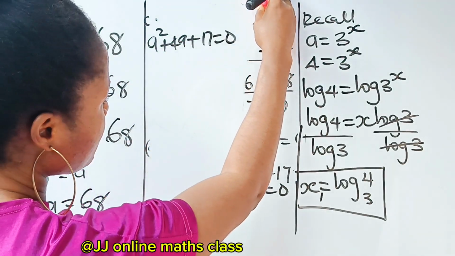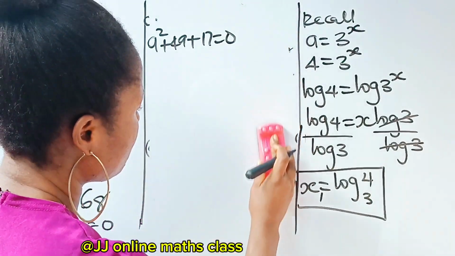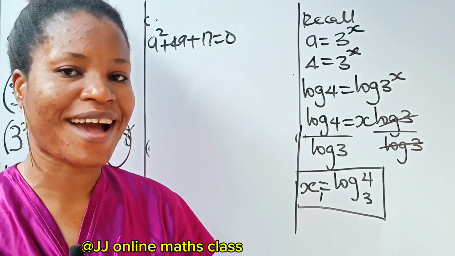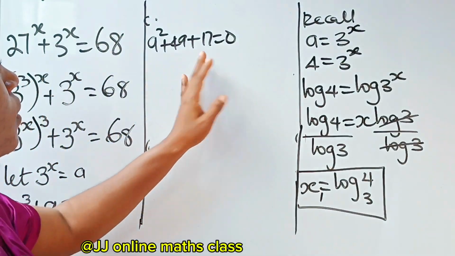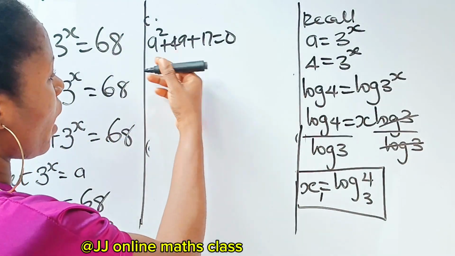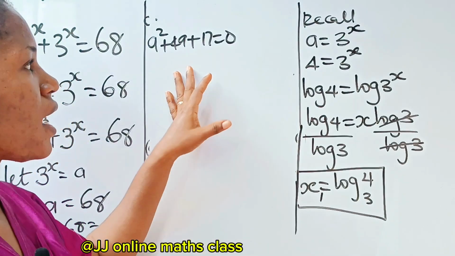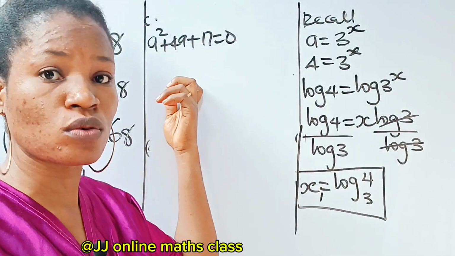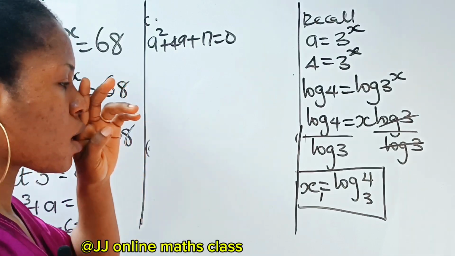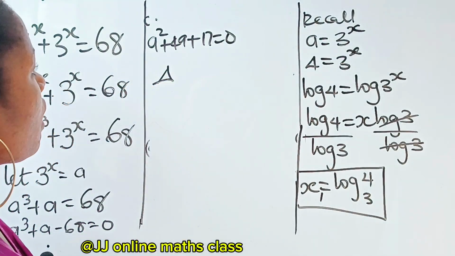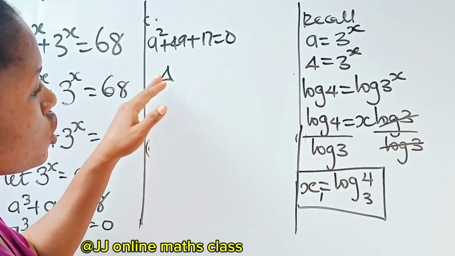I just hope I've not made any mistake. Okay, so I believe this is what we have there. Now when you look at this, we are going to solve this using the quadratic equation formula. But before that, let's check if we can get real roots from here or complex roots. We are going to use the discriminant to check.